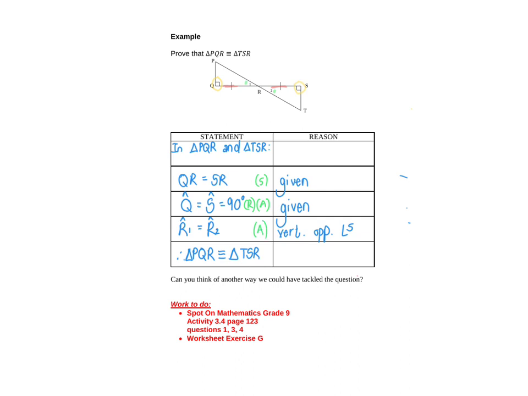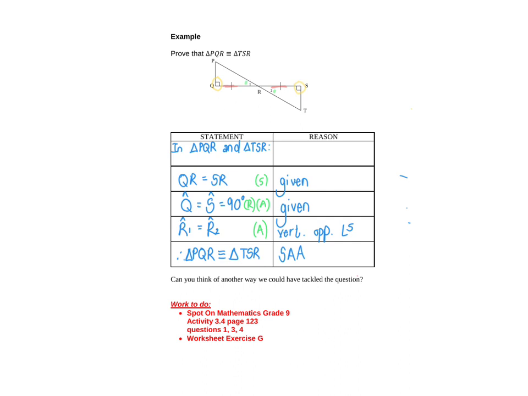Okay, so what is our reason therefore? We don't have two sides, and therefore it can't be RHS. So therefore in this case we have, as seen here, side, angle, angle as the reason for what we proved for it to be congruent. Okay, and that's all there is to this.